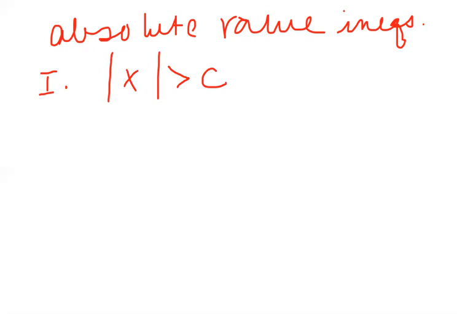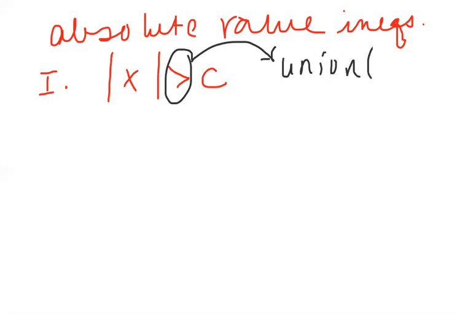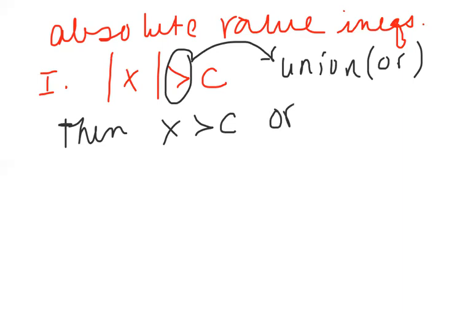When the absolute value is greater than, this represents a union, as in we're using the word or. So if the absolute value of x is greater than c, then this means that x will be greater than c or x will be less than, notice I reversed the inequality symbol, x is less than negative c.